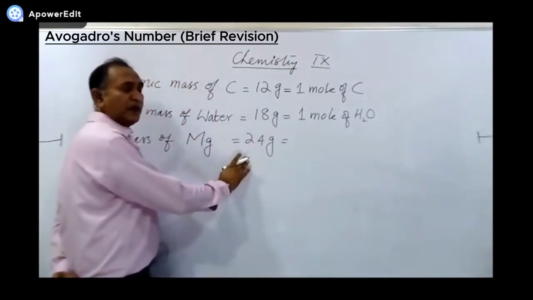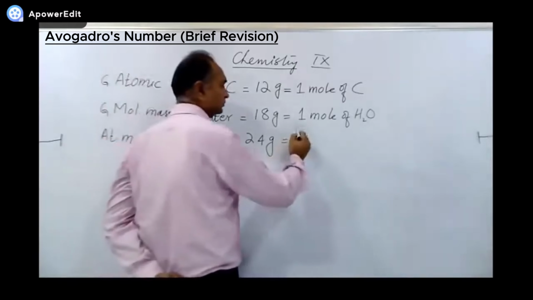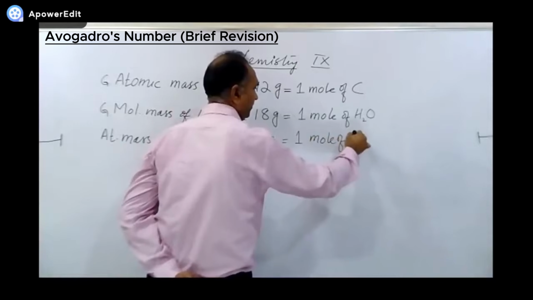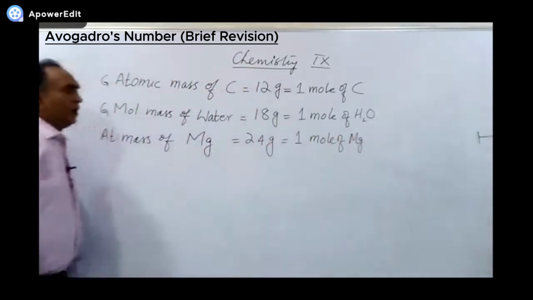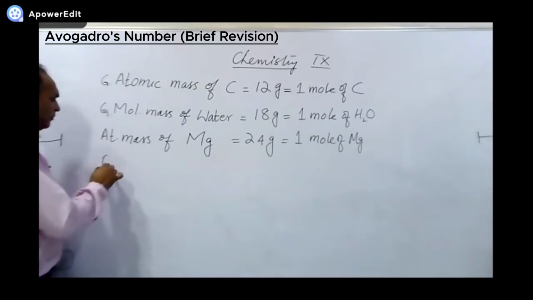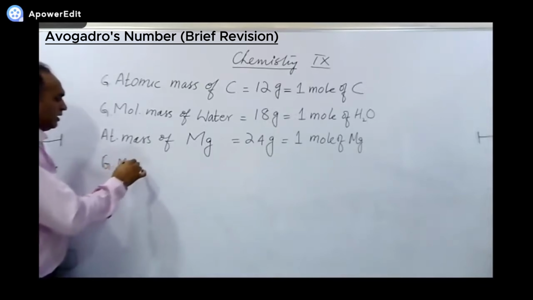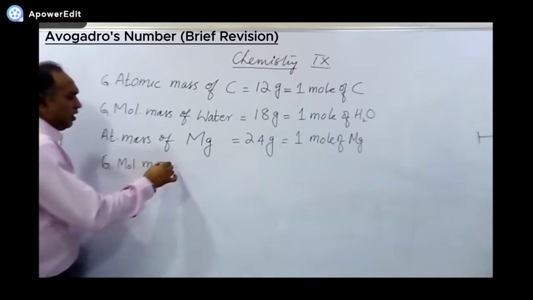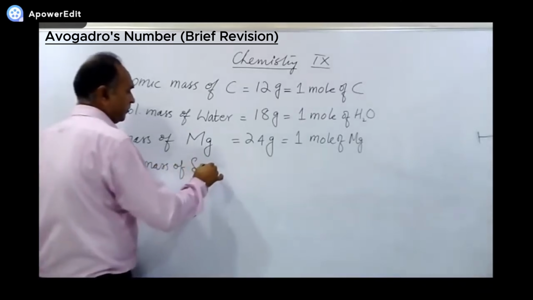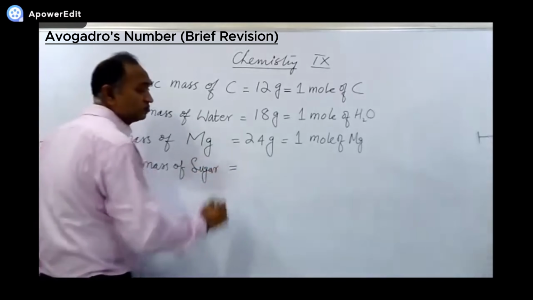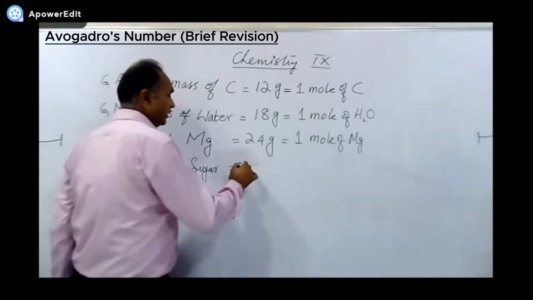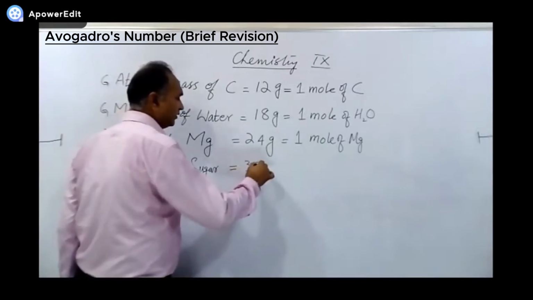It is its atomic mass, we call it 1 mole. Alright? Or we say gram molecular mass of sugar. What is the formula of sugar? C12H22O11. We found its mass yesterday also. It is 342 grams.